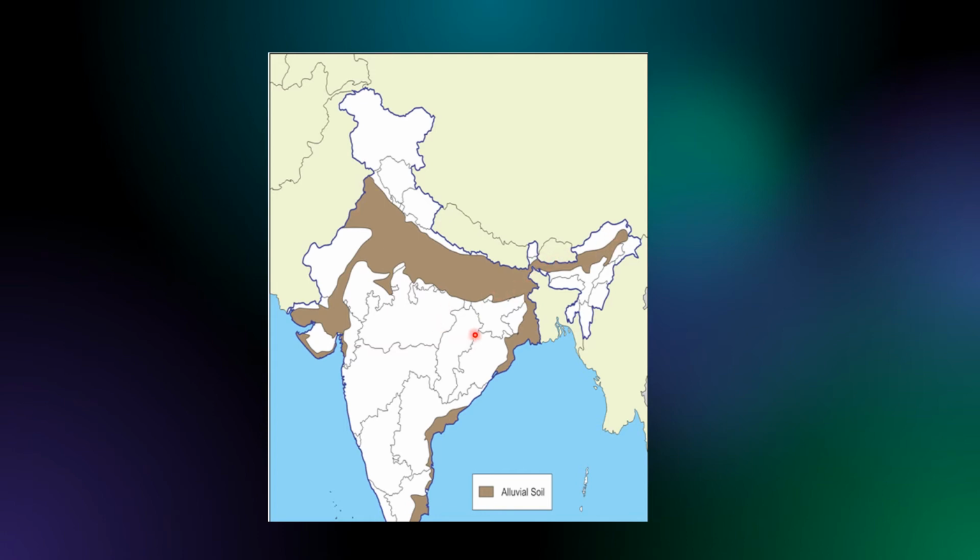They also occur in the deltas of the Mahanadi, the Godavari, Krishna and Kaveri. Some alluvial soils are also found in the Narmada and Tapi valleys. Northern parts of Gujarat also have some cover of alluvial soils.